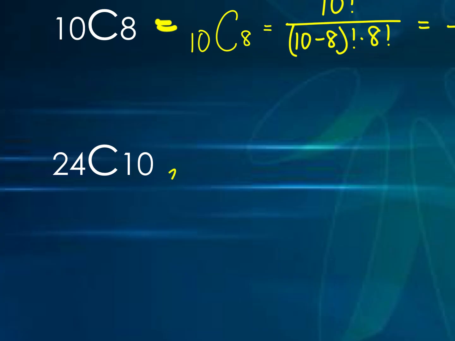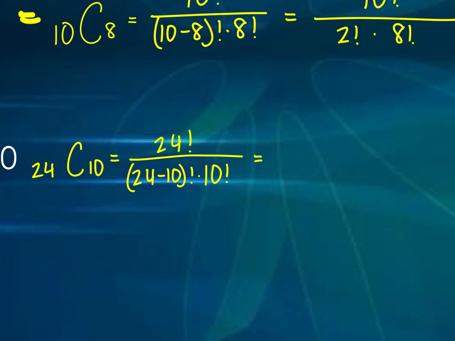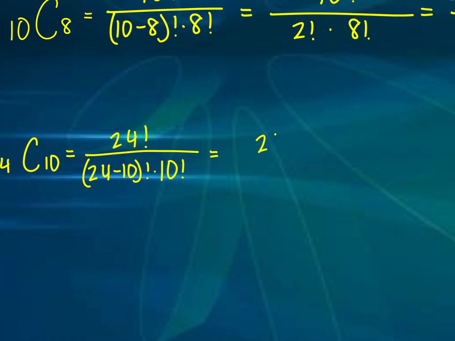Yeah, it's fun. I'm going to have 24C10, which is the same thing as writing 24 factorial over 24 minus 10 factorial times 10 factorial. Simplifying it, solving what's in parentheses, I'm going to have 24 factorial over 14 factorial times 10 factorial.